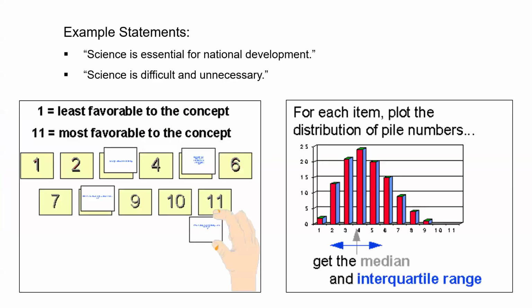Further, let's take another example and see. What is the example? Science is essential for national development. Now you can also rank according to the 11 scales given.